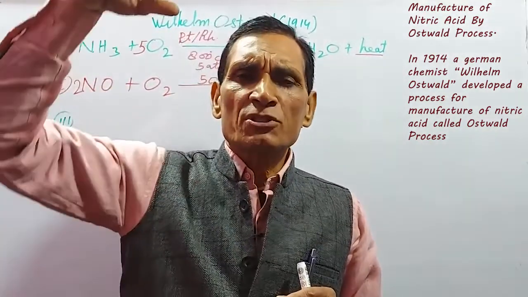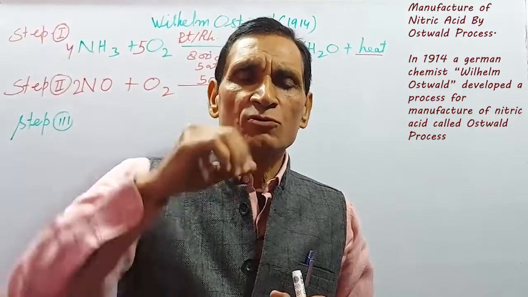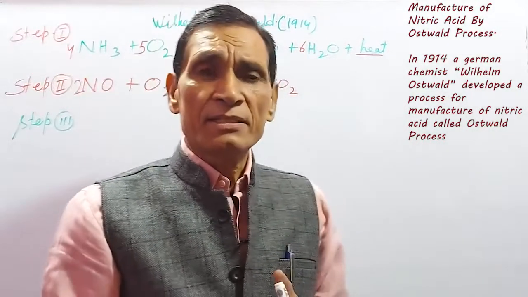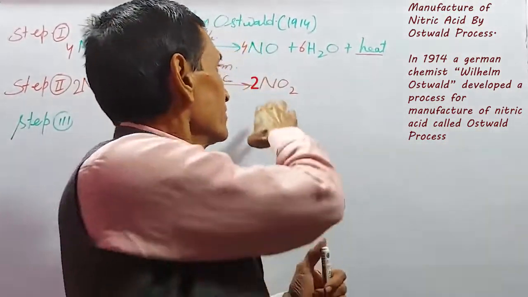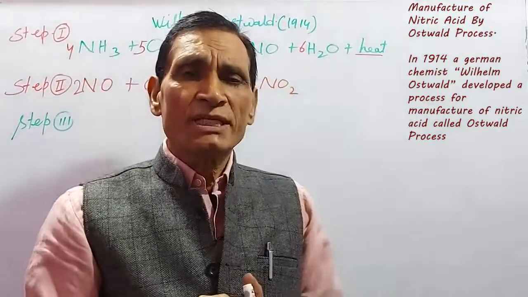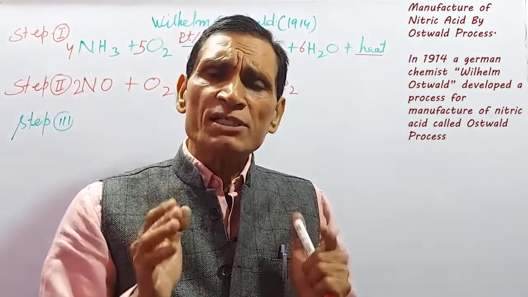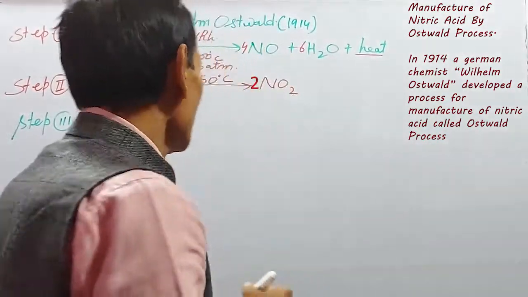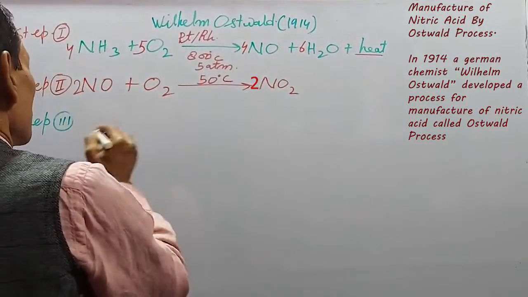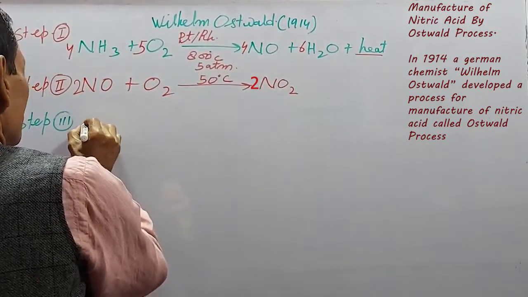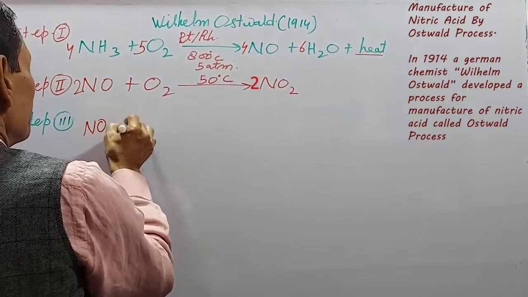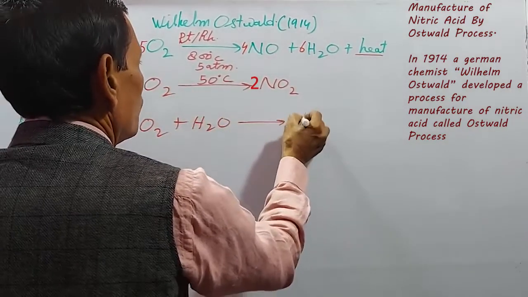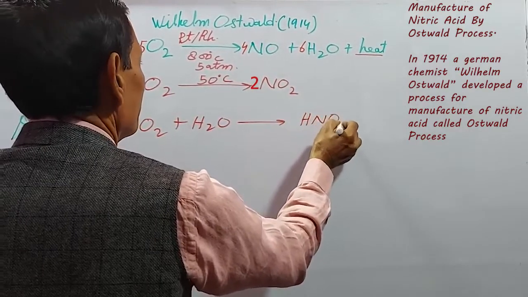From the top of the tower, warm water trickles down, and the mixture of nitrogen dioxide and air, with remaining air or sometimes more air added to it, is passed into the absorption tower from the bottom, where this nitrogen dioxide dissolves in water to form nitric acid.